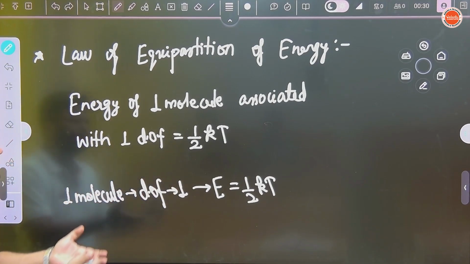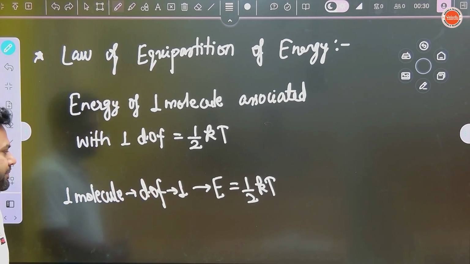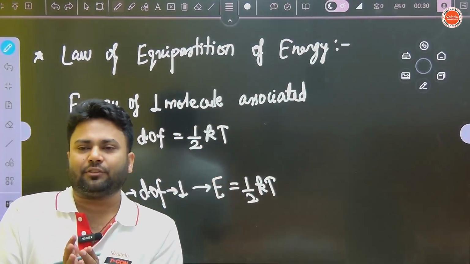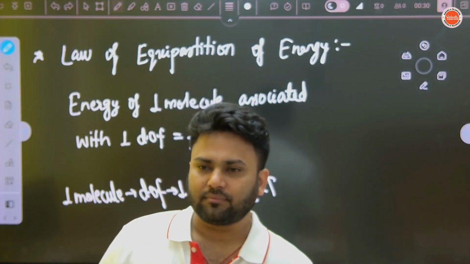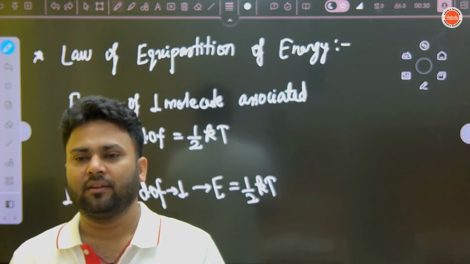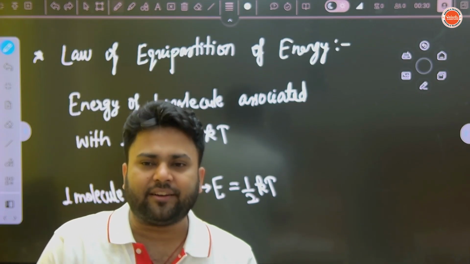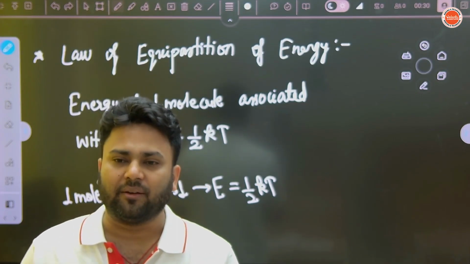What it says in other words: the total energy associated with the molecule gets equally divided among each of its degrees of freedom.